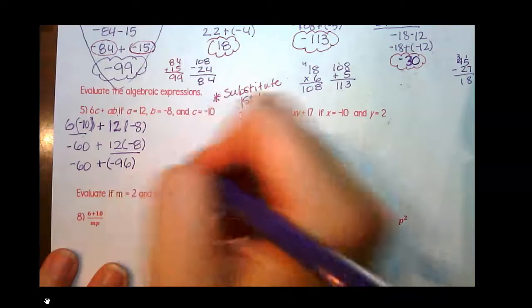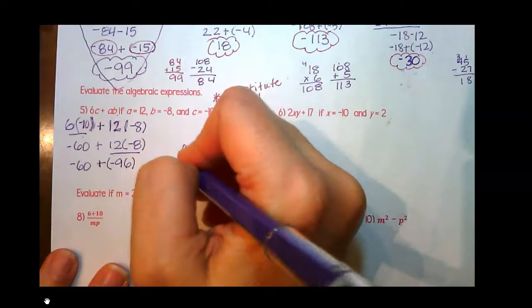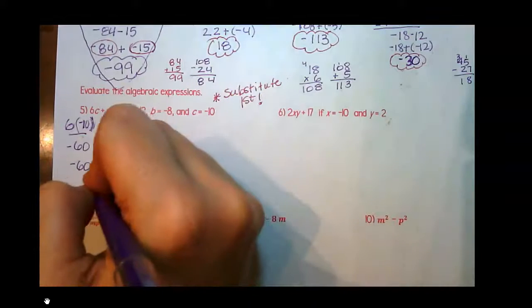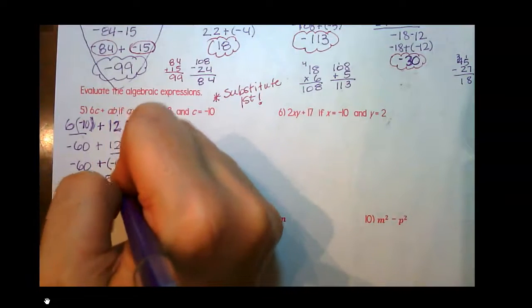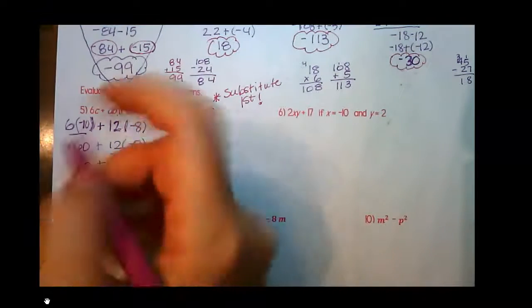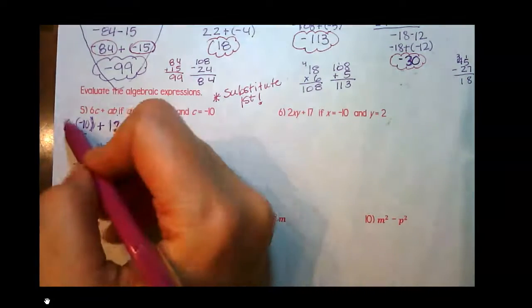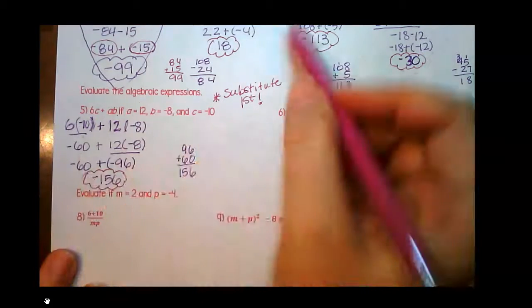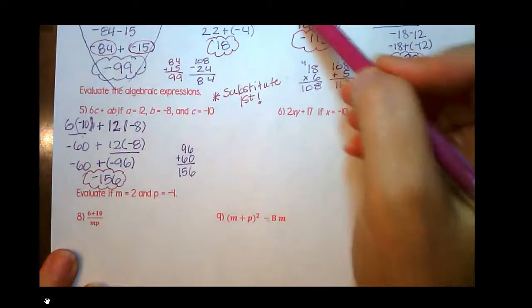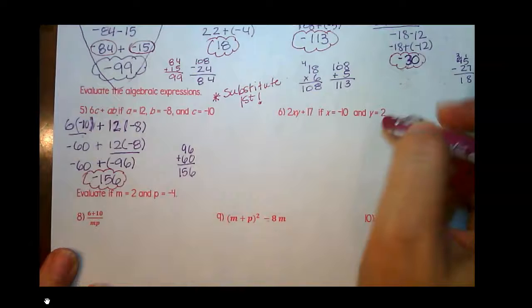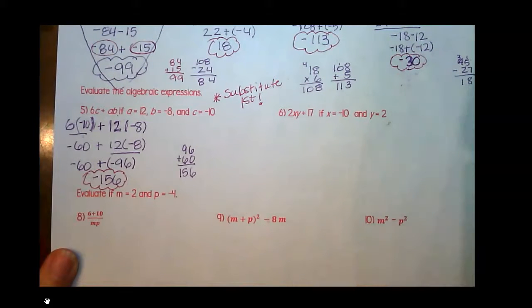So 96 plus 60 is 156, and it would be negative because they are the same sign. And again, all of our problems should be in the shape of the Dorito because each time we're getting rid of at least one term. Okay? Alright, I want you to pause the video and do number 6. Come back in just a minute.